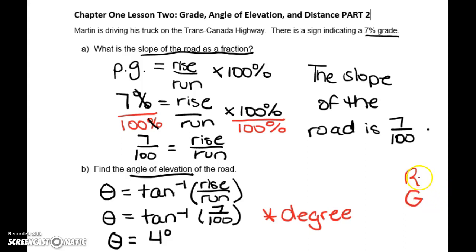The R stands for radians, the G stands for gradians, and these are totally different from degrees. If you're ever stuck trying to figure out how to get it to degrees, make sure you come and ask me in class, because I don't want you to get frustrated over something like changing into degrees, which is usually just a simple push of a button on your calculator.